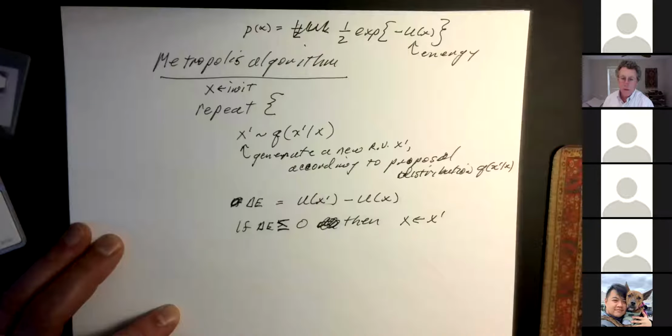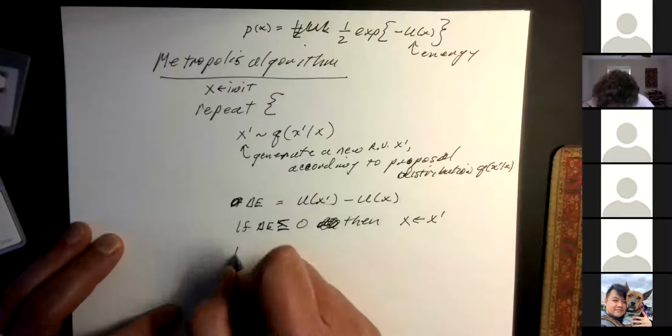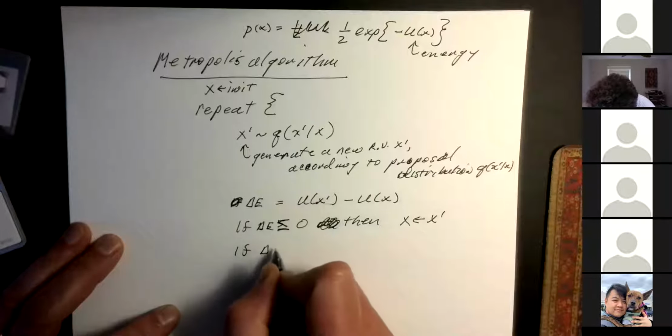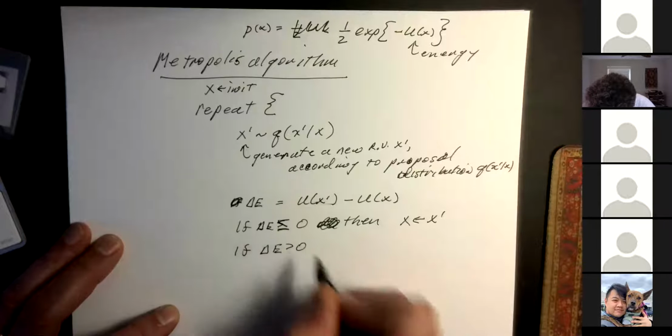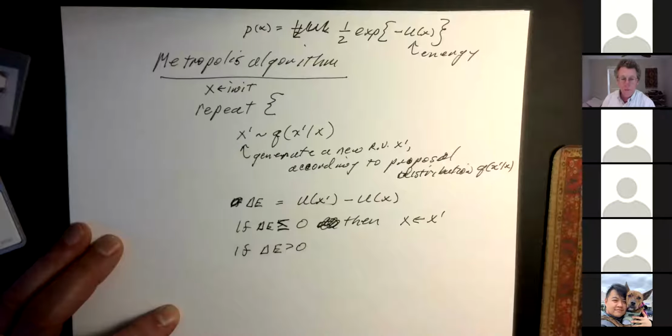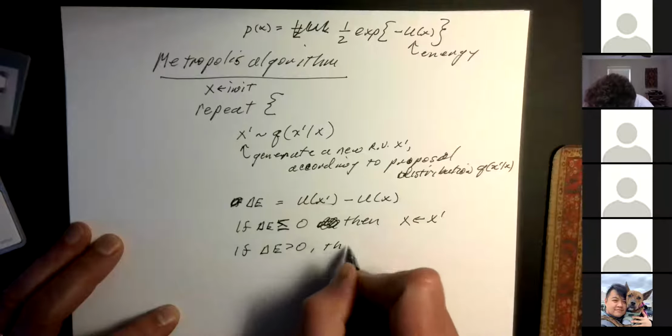You accept the result. If delta E is greater than 0, so if the probability goes down, then what you do is this.